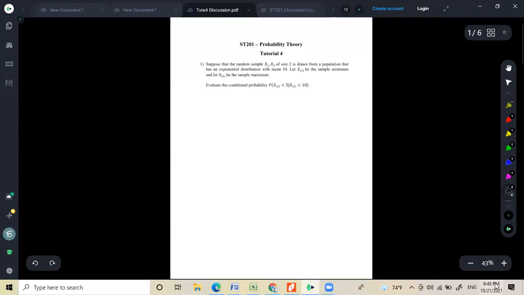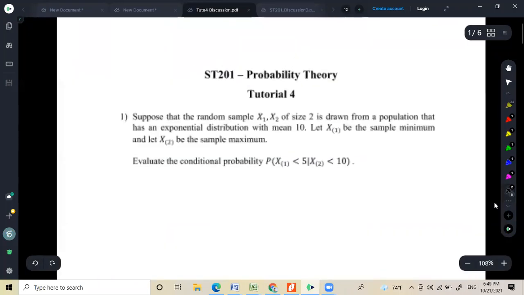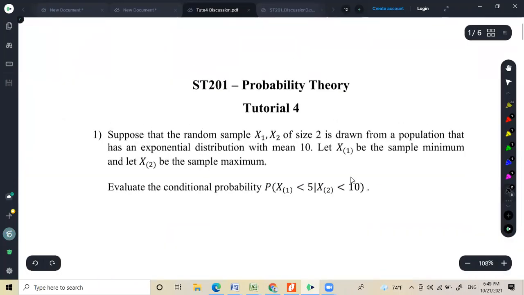Can you see tutorial number 4 now? Is it visible? Tutorial number 4?